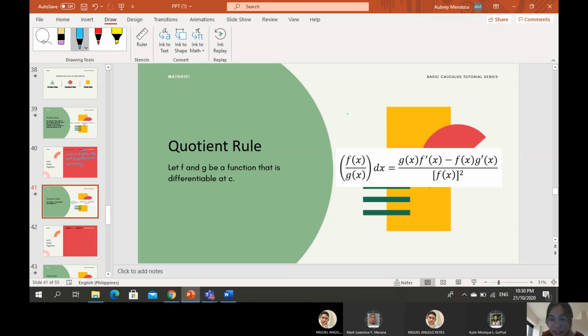To make it easier, we can just use LDH minus HDL all over L squared. So low times the derivative of high minus high times the derivative of low all over low squared.